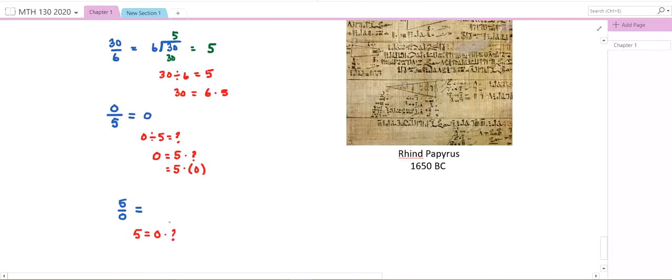And actually, there is nothing you can stick in here to make this work. So in other words, this does not exist.